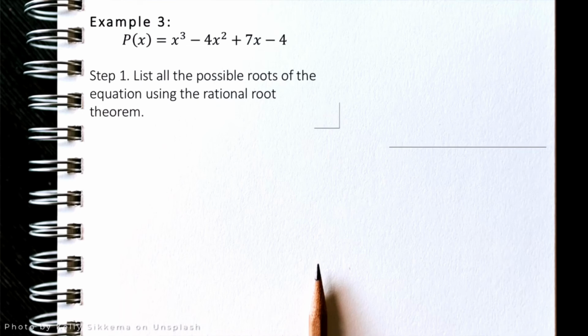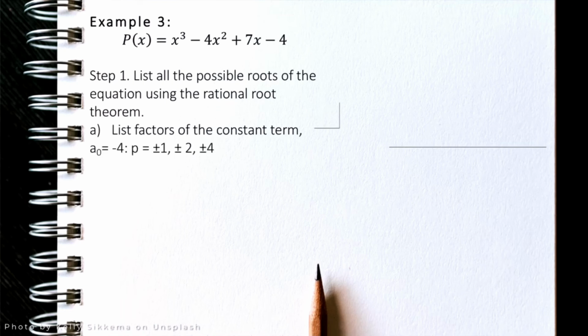Now, step 1, list all the possible roots of the equation using the rational roots theorem. Then, list the factors of the constant term. The constant term is negative 4. The factors of negative 4 are plus or minus 1, plus or minus 2, and plus or minus 4.